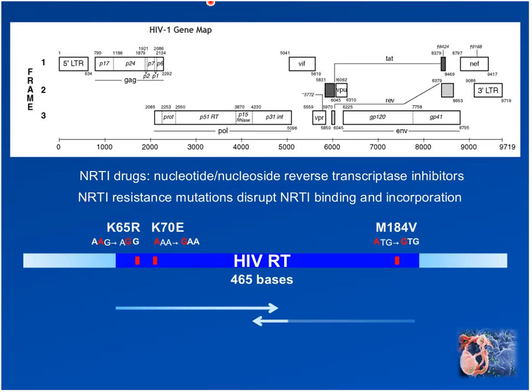Here's a schematic of the HIV-RT region we sequenced. And I've denoted some of the drug-resistant sites identified in this region that are specific to our studies, notably the K65R, K70E, and M184V drug-resistant sites.